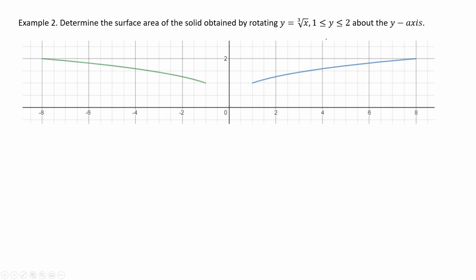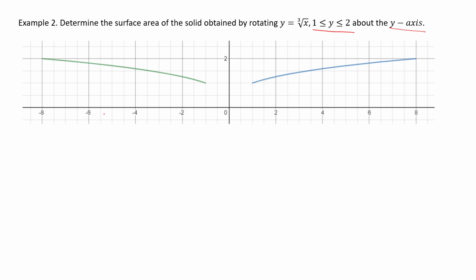And take note that if you look at the problem, you're going to rotate about the y-axis, then you have the limits from y1 to y2. So the equation is y equals the cube root of x.